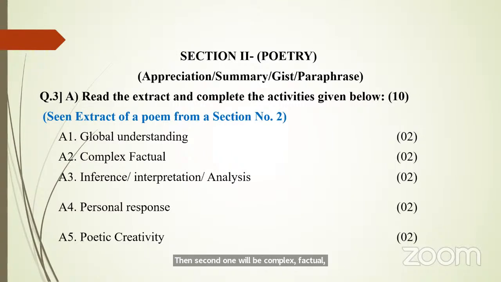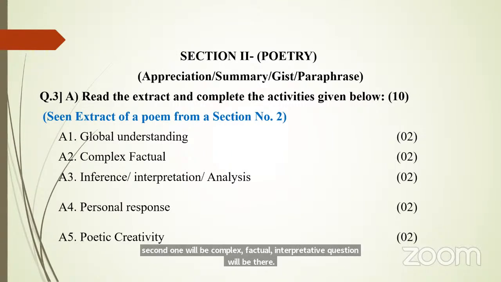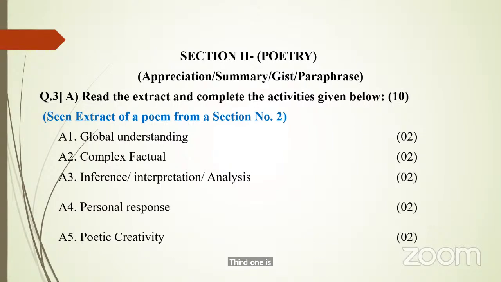Third one is interpretation, or it is about the poetic devices, that is about figures of speech, or maybe the chart will be given to you to write the rhyming scheme, rhyming words, any kind of thing will be given to you. Here also you'll get one personal response type question. And the last one is the poetic creativity.